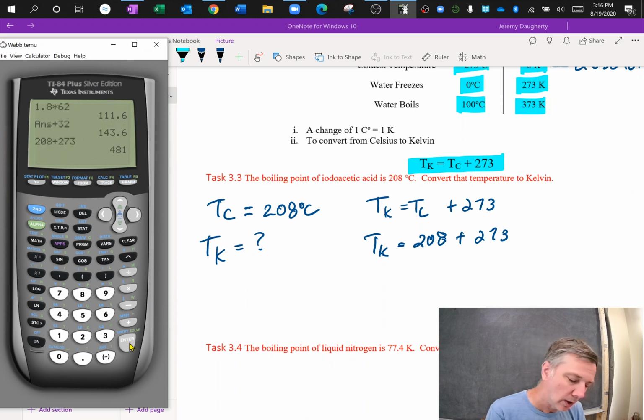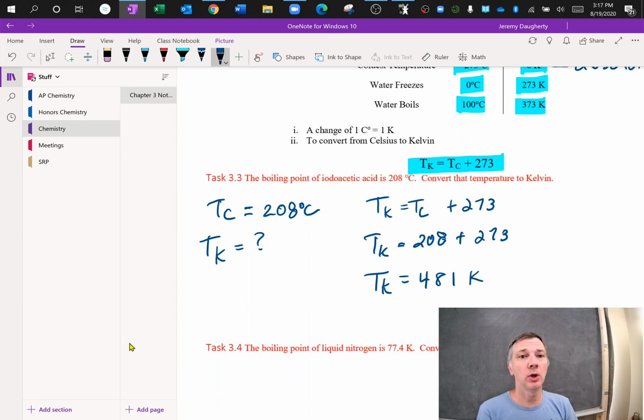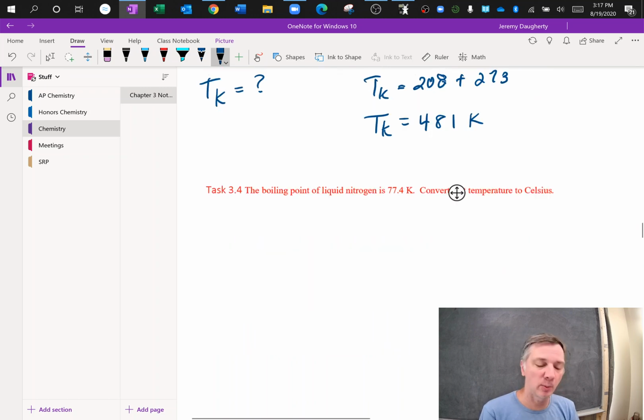So I now have a Kelvin temperature of 481. Now, the rule on showing work in our class is if the calculation involves more than one number, you have to show work. You always have to show your work.